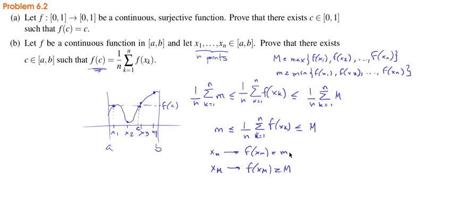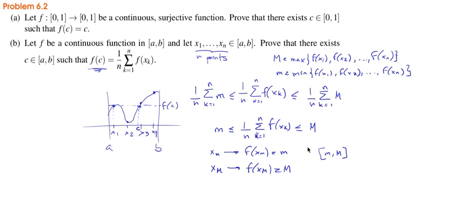So in a sense, the image of f in the interval between x sub small m and x sub capital M is going to be between small m and capital M. So the image is going to be between this and this.